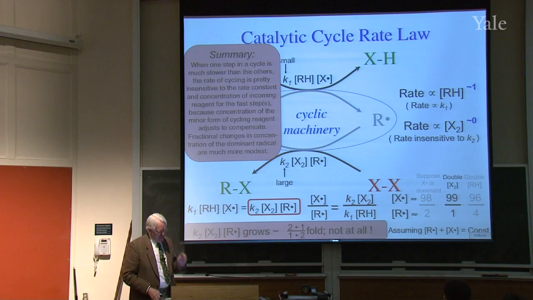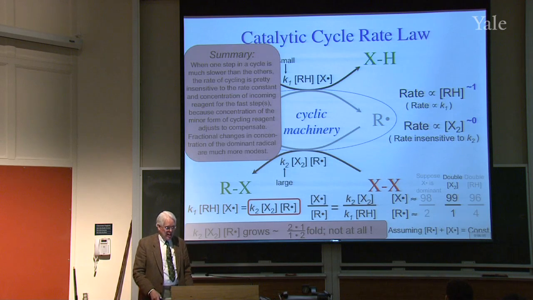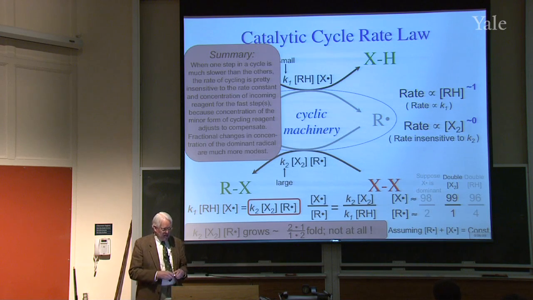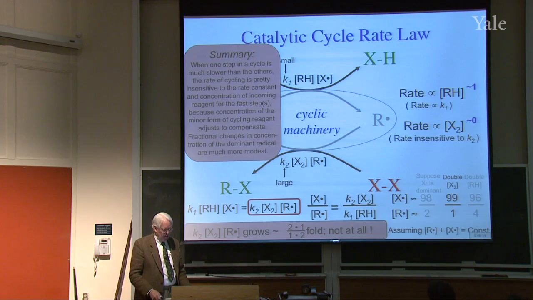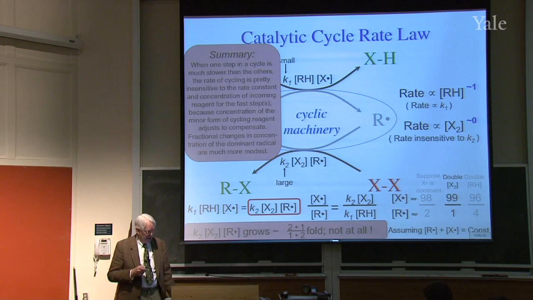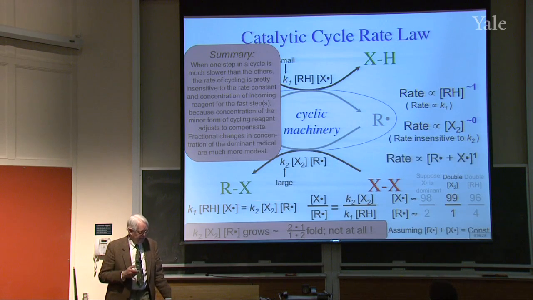Okay, so in summary, when one step of a cycle is much slower than the others, the rate of cycling is pretty insensitive to the rate constant and concentration of the incoming reagent for the fast step, because the concentration of the minor form of the recycling reagent adjusts to compensate, and fractional changes in concentration of the dominant radical are much more modest.